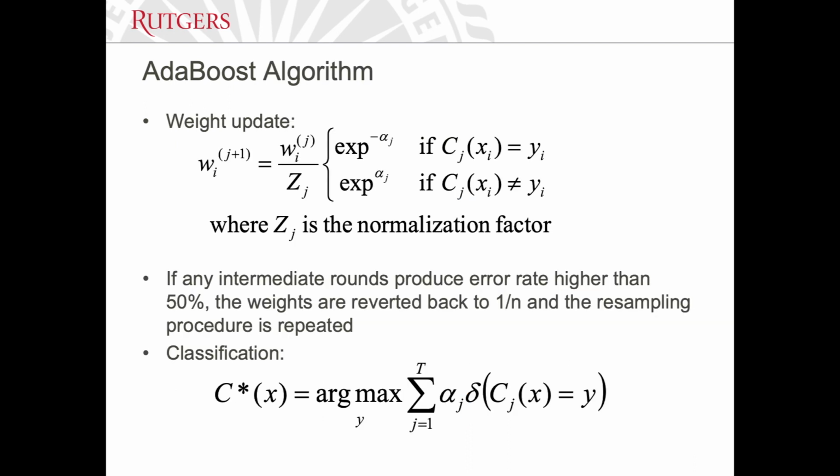Instead of using a majority voting scheme, the prediction made by each classifier is weighted according to the alpha parameter. This approach allows AdaBoost to penalize the models that have poor accuracy. If any intermediate round produces an error rate higher than 50%, the weights are reverted back to their original uniform values, and the resampling procedure is repeated.